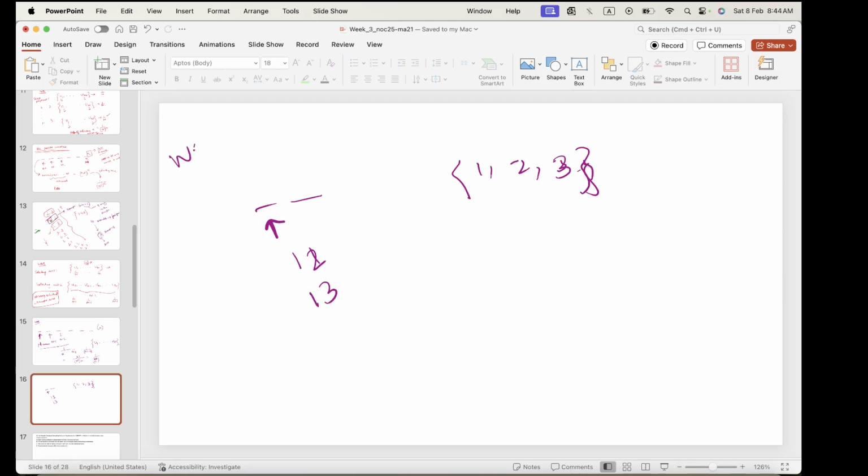This is without replacement, so 1 1 or 2 2 is not possible.